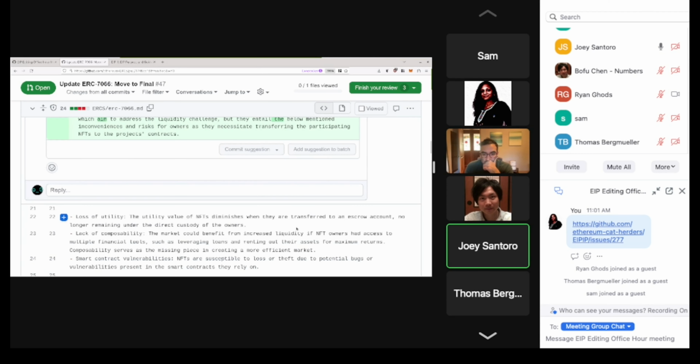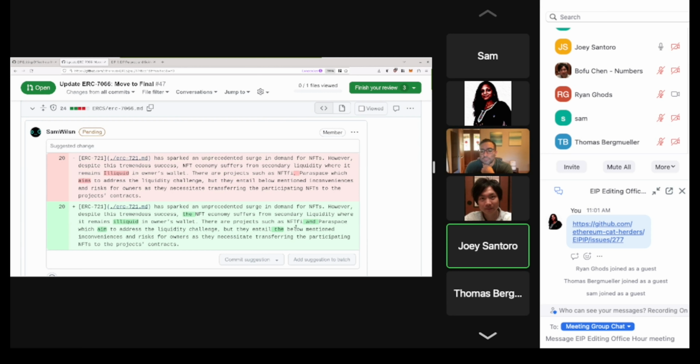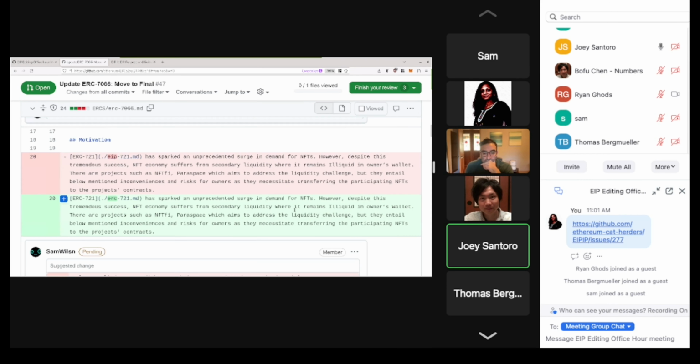So Sam, I actually have a question on this one. When we were writing 4626, there were complaints about pointing to specific production products because specific implementations are not necessarily going to be immutable like the standard is meant to be. So they wanted us to use abstract terminology like lending protocol instead of saying Compound. Is that sort of an EIP editor flavor? Like it depends on who's editing? Yeah. Technically, as the rule is written, mentioning a project is like an external link and should be prohibited.